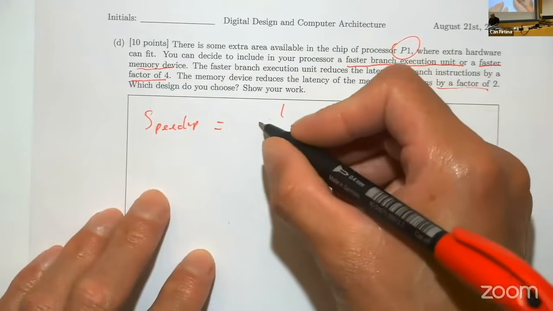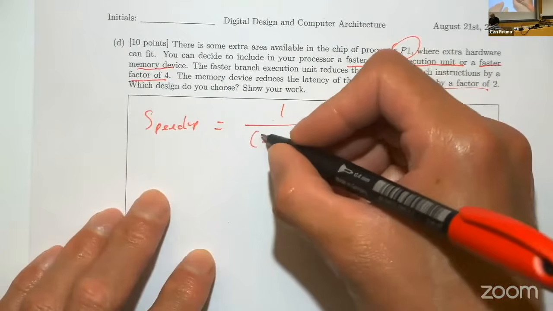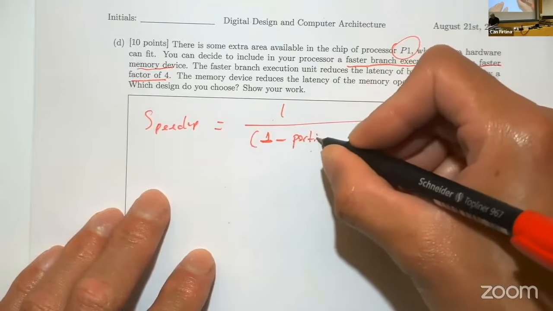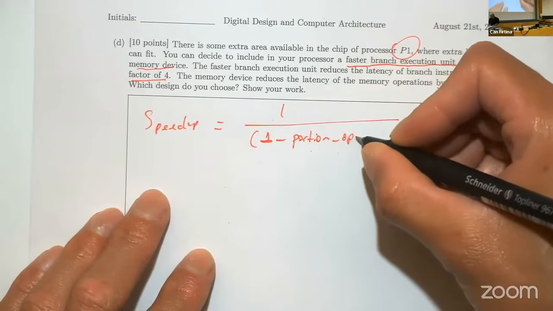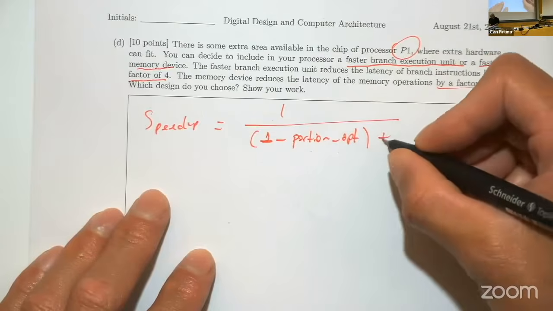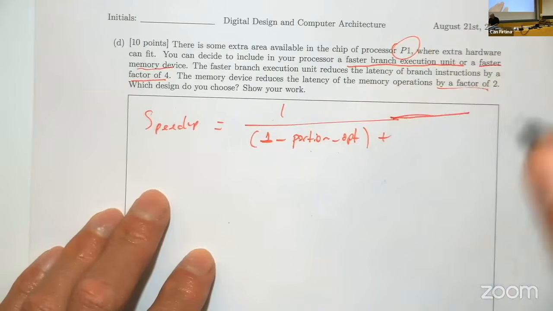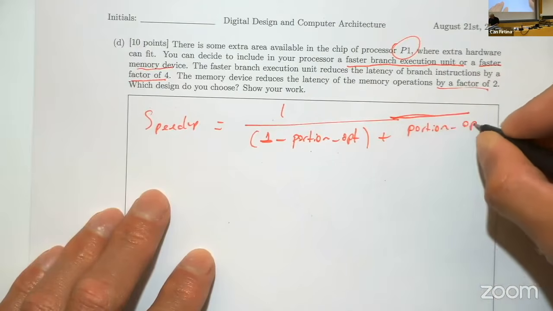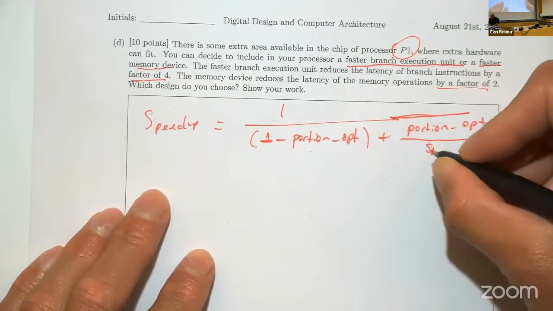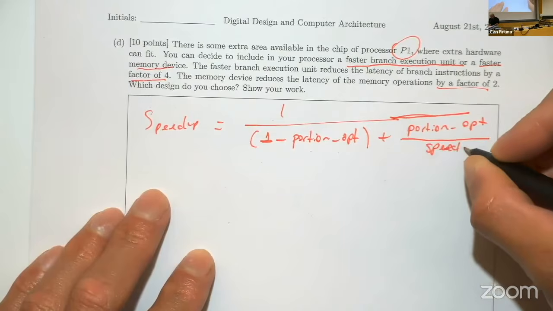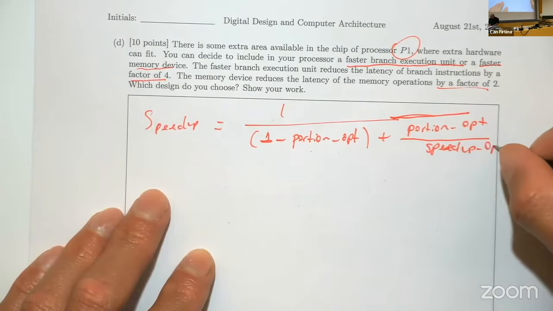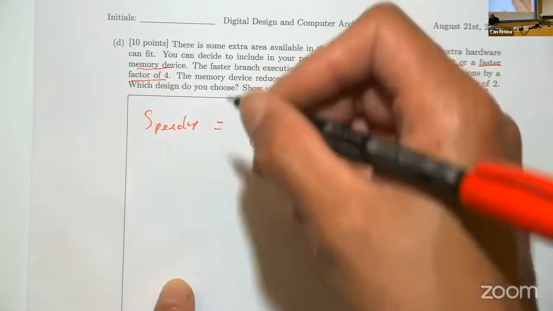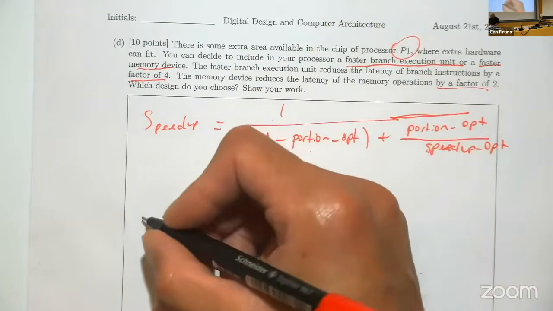So we have this formula here: 1 over 1 minus the portion that you optimize, plus the portion that you optimize divided by the speedup for the optimization that you provide. So let's apply this equation for both branches and memory units.